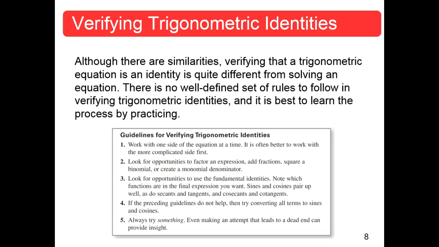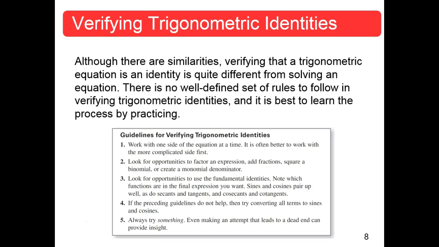Note which functions are in the final expression you want to see, so you can look across the equal sign, just don't physically cross it. Sines and cosines pair up well. Secants and tangents pair up well, especially with Pythagorean. Cosecants and cotangents pair up well with Pythagorean. So keep those in mind if they're squares.